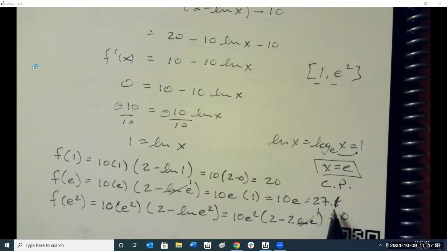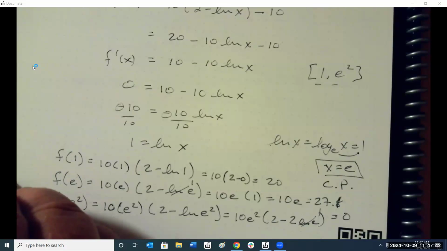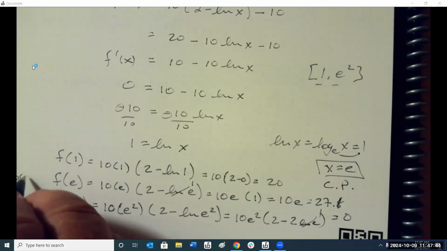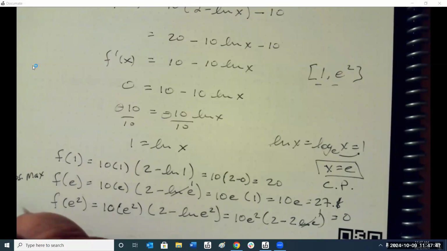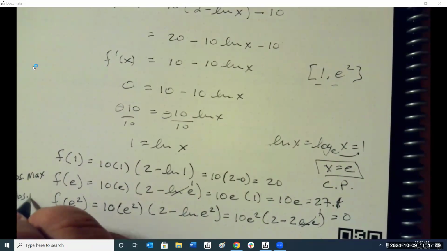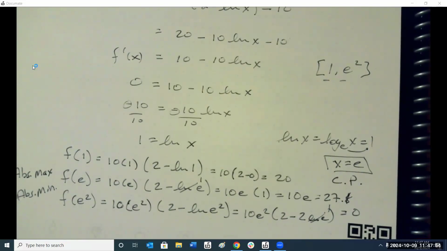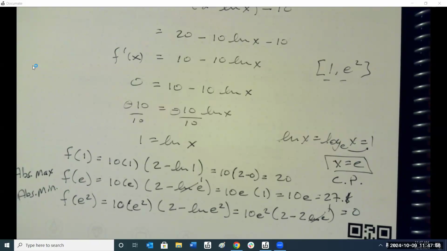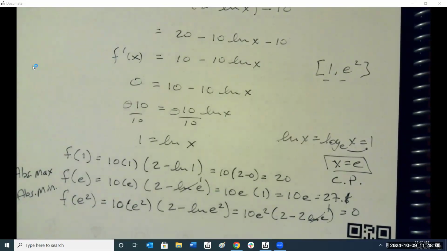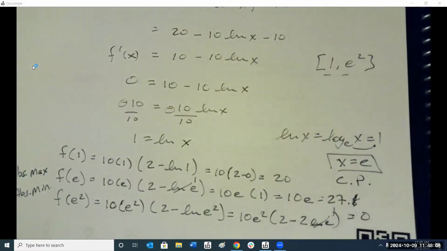So here's your maximum, and there's your minimum. All right. So just take those equations and find the first derivative and analyze them. Let's look at another example.